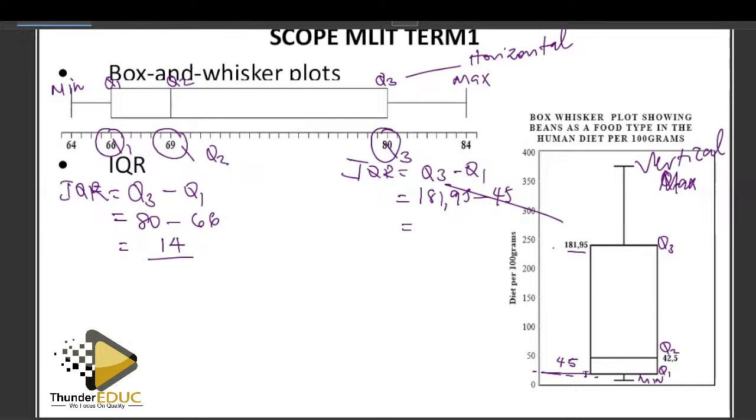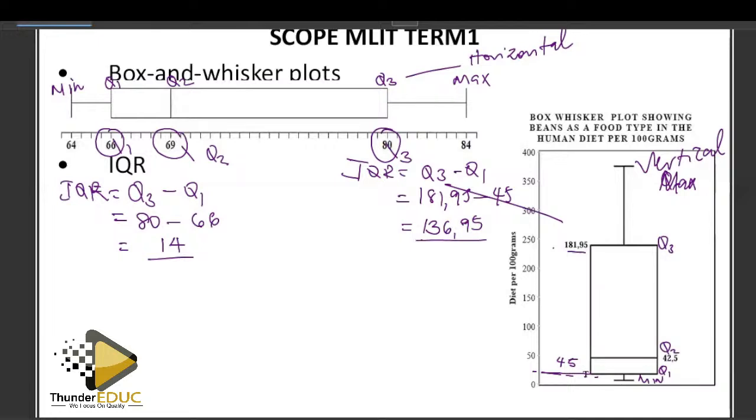What is the answer there? 181.95 minus 45. The answer becomes 136.95. All right. Interquartile range, it should not be that much of a problem.